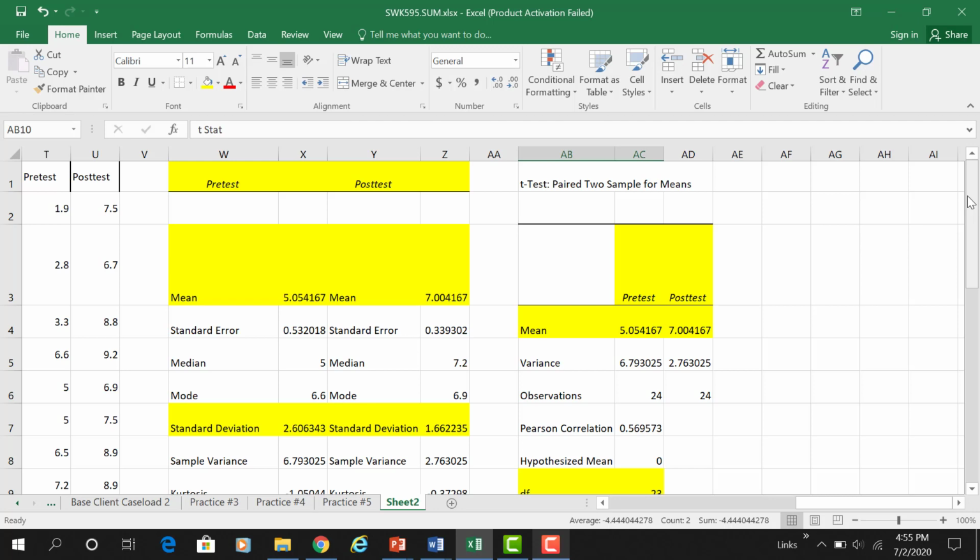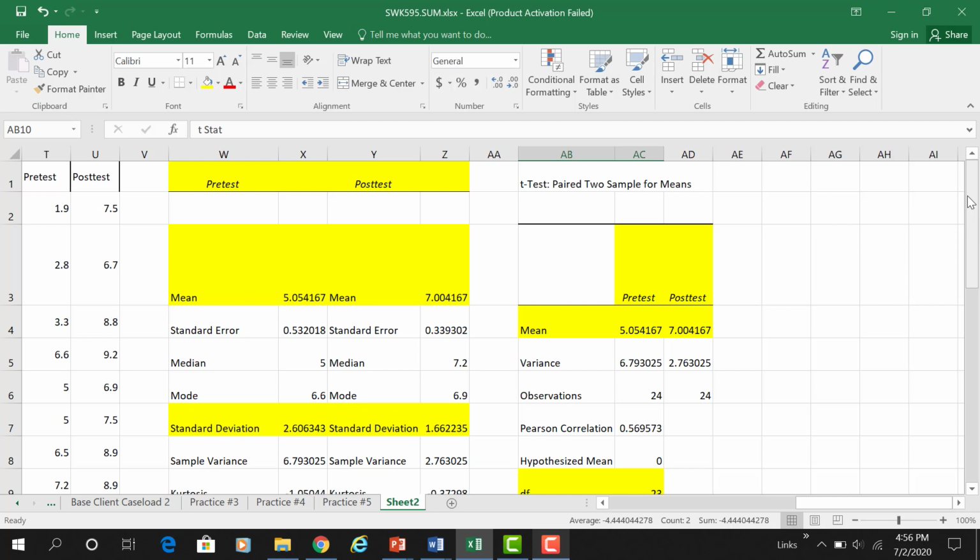Basically, we gave a pre-test, then we provided an intervention, and then we gave the test again at the end of the intervention, which was the post-test. Here we are trying to determine if there was a mean difference in their scores from pre-test to post-test. Our training was a study skills training, and we did a knowledge of study skills test.